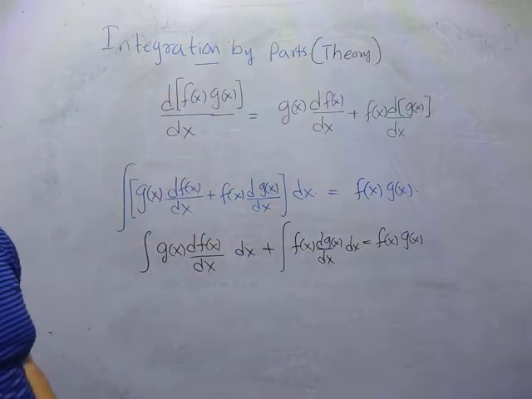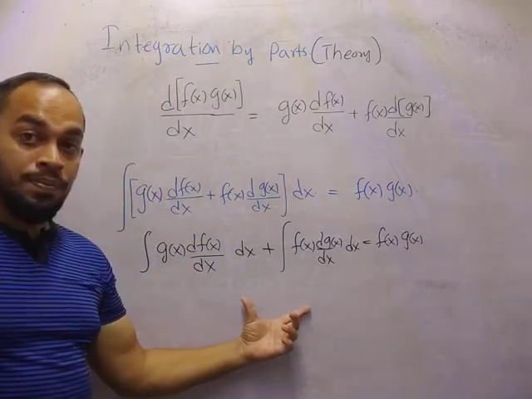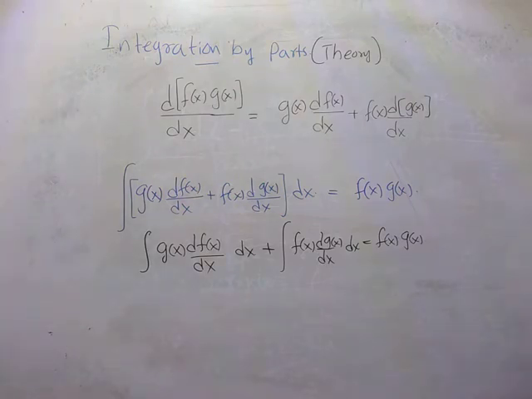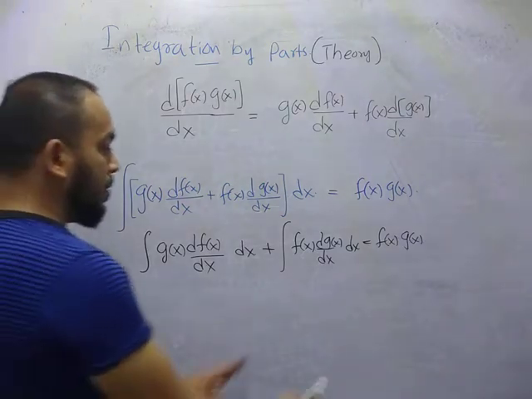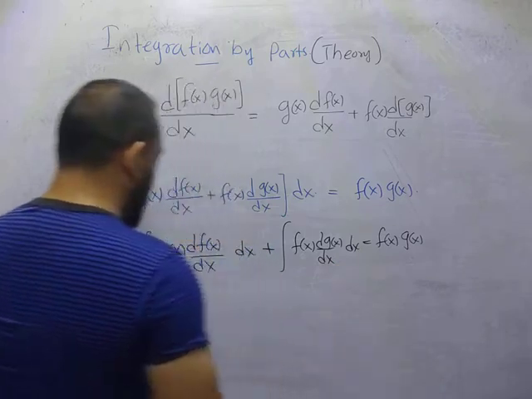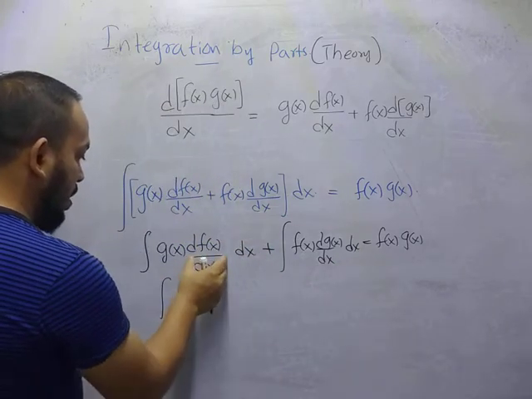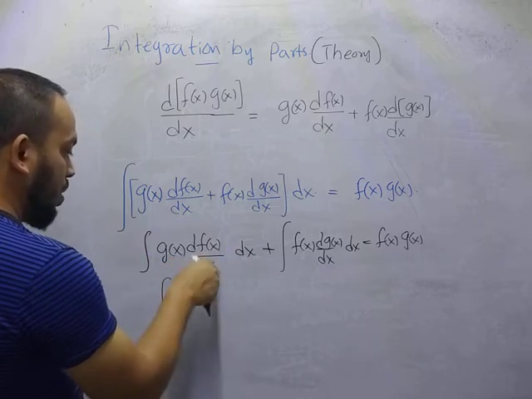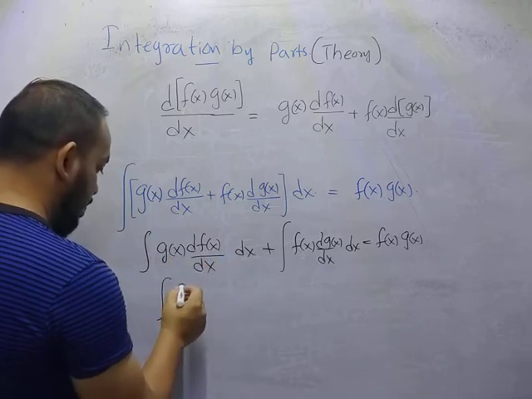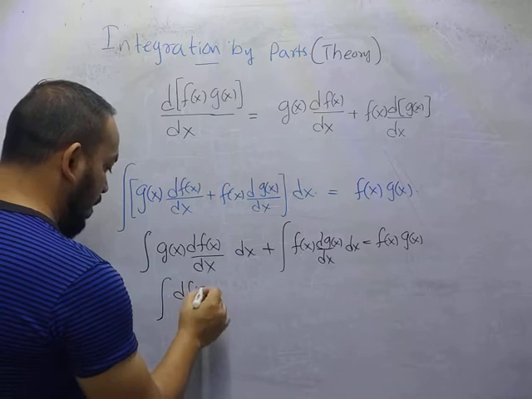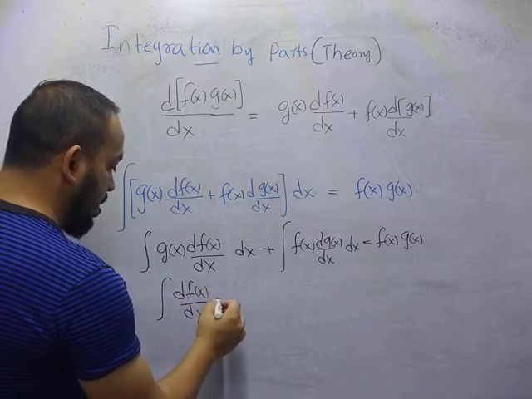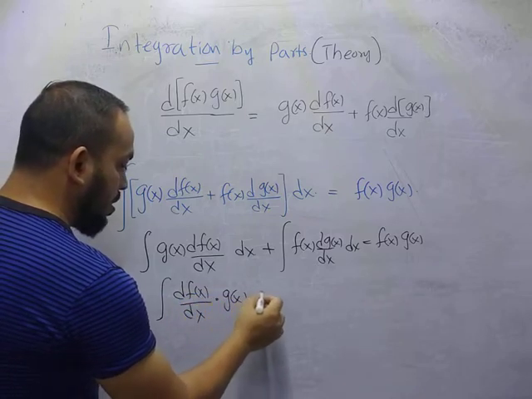Right. Now here we have two integrals. Let me make this a bit interesting. I'm going to take one of these integrals to the other side. So let me write it like this. Let me write this here because otherwise you would cut this. df of x dx into g of x dx.